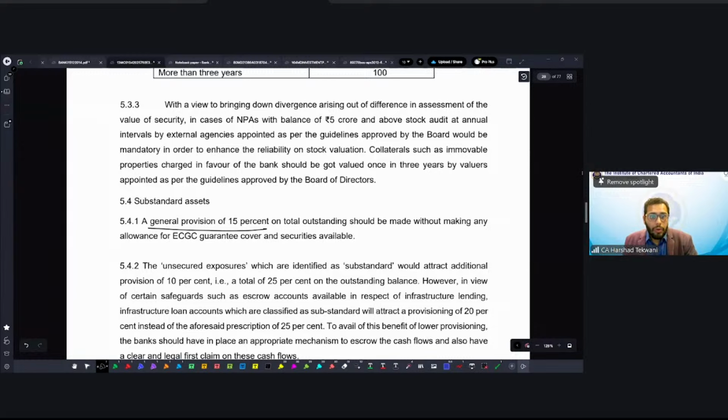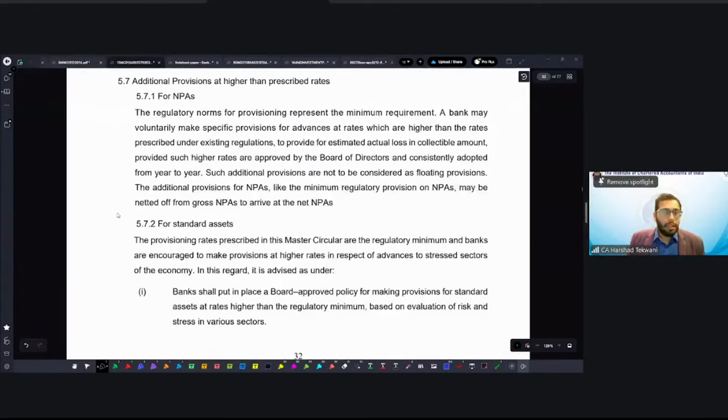So banks can have their own policies where they provide a different provisioning requirement which is more stringent, so additional provisions at a higher rate. These regulatory norms represent the minimum requirement.